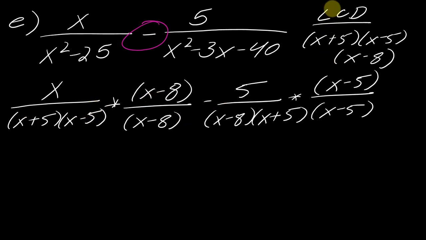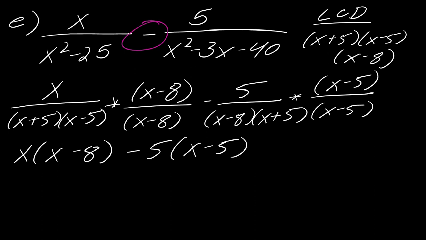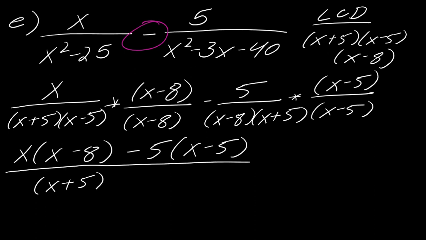Okay, so the thing about the minus is you actually have to be very careful with this. So I have a best habit to get into. So once I see the minus, I usually do this. I am going to just rewrite the work that needs to be done all over my desired LCD like this.